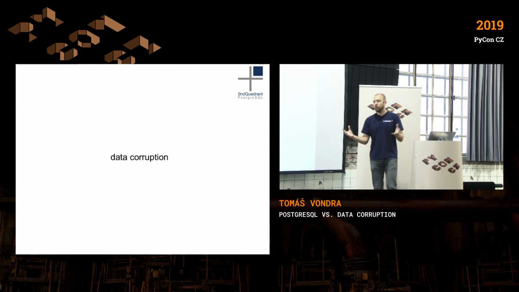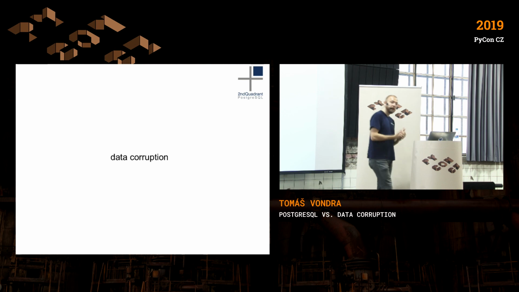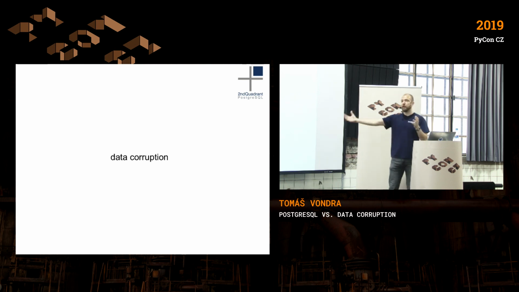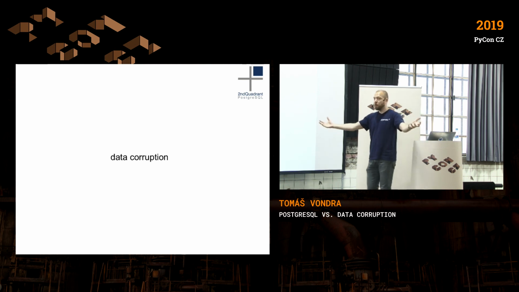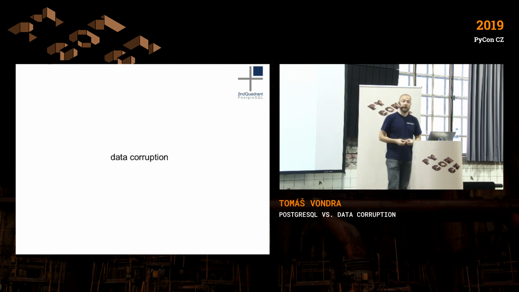A much more plausible definition is that it's simply a state when the database has data in an unexpected state. It could be logical data corruption, when you have mismatching indexes, data and tables. It could be something where you can't even read the data from disk. It could be something in between, like random bit flips, which change the data on disk, but the database is unaware of that, and so on.